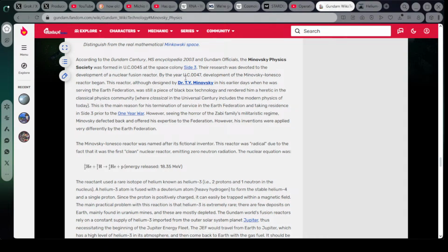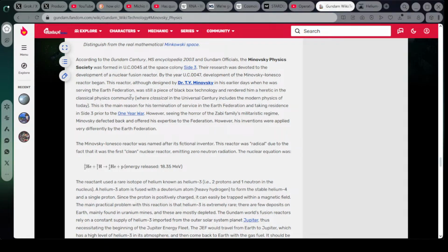By the year Universal Century 47, development of the Minovsky-Lonesko reactor began. This reactor, although designed by Dr. T.Y. Minovsky in his earlier days when he was serving the Earth Federation, was still a piece of black box technology and rendered him a heretic in the classical physics community.